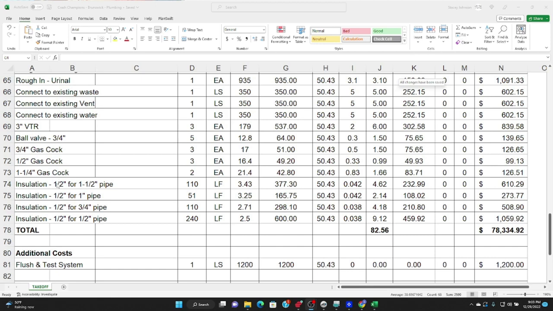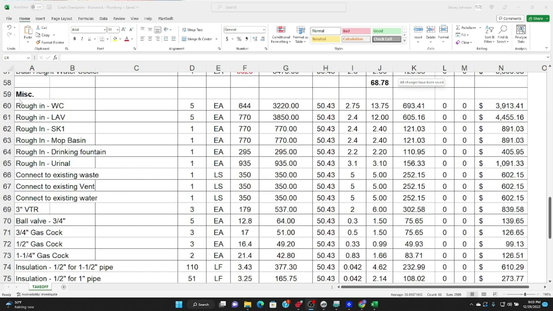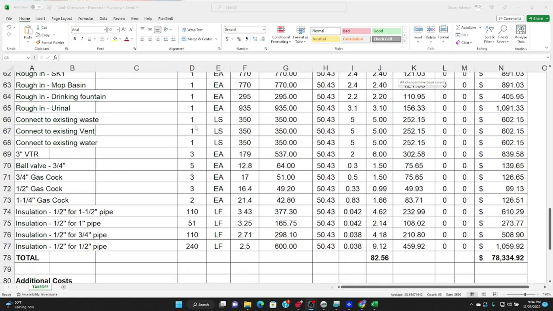Not the sewer pipes, of course, but all of our water pipes and gas pipes. And so we have to determine how many linear feet of each size pipe and include that. So again, all this miscellaneous are things that you don't see on the plans, but you need to include because that is part of your cost.